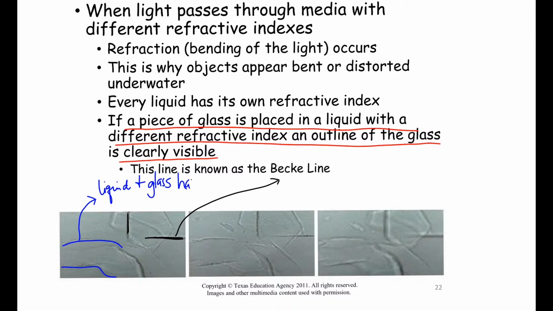So we're going to say that the liquid and the glass have the same refractive index. And it's because you can't see it. Whoops, that was a bad E. That's as good as I can get it.